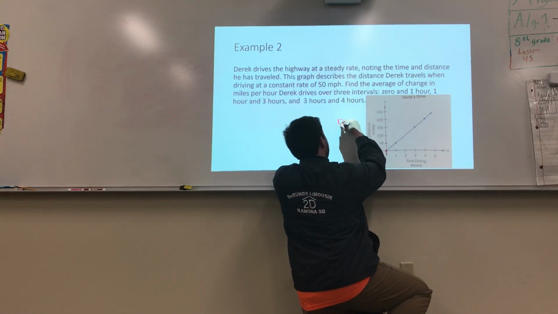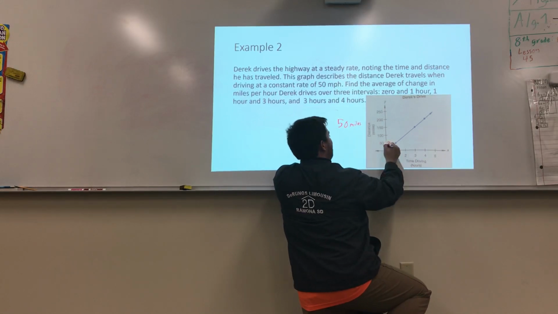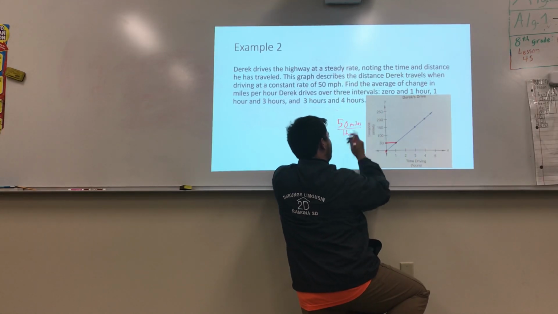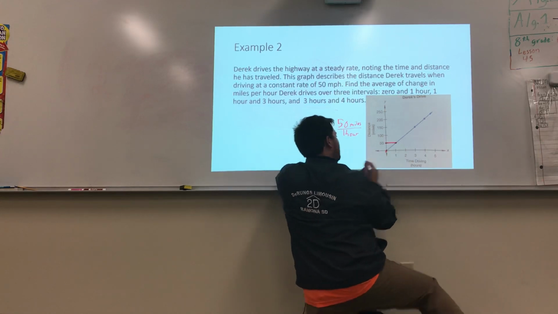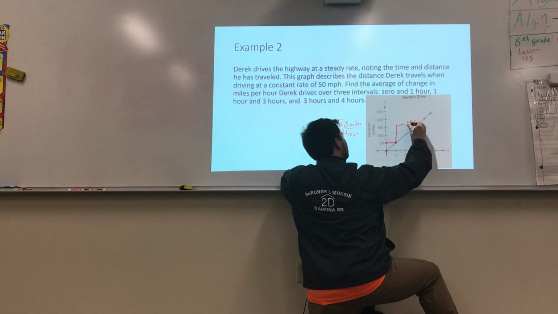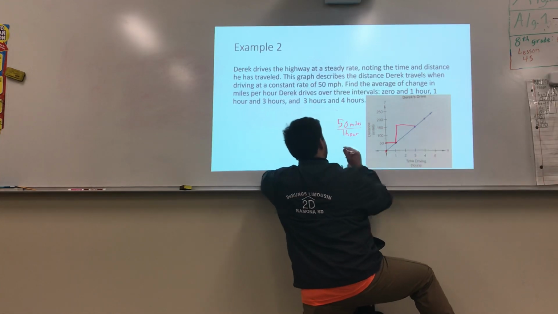So we rose 50, and that's miles. And we went over 1 hour. So my first answer would be 50 over 1 hour. Okay, the second interval is going to go from 1 hour to 3 hours.